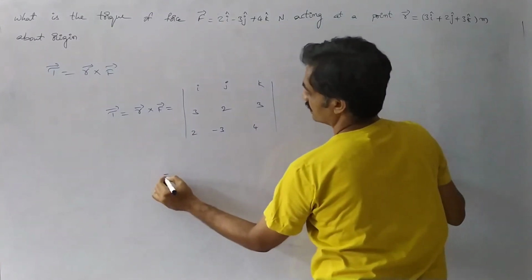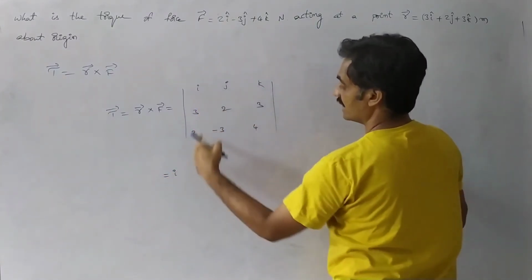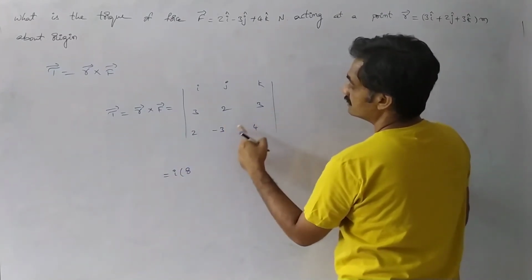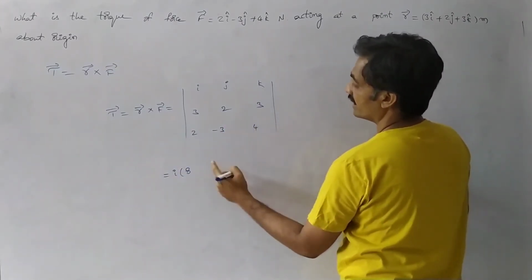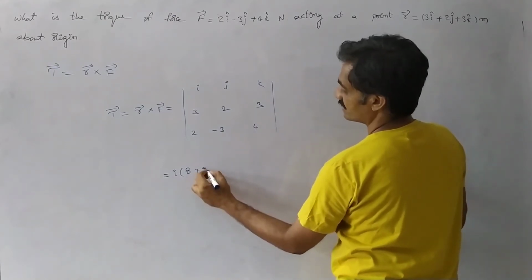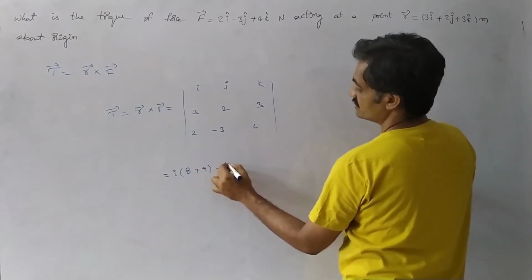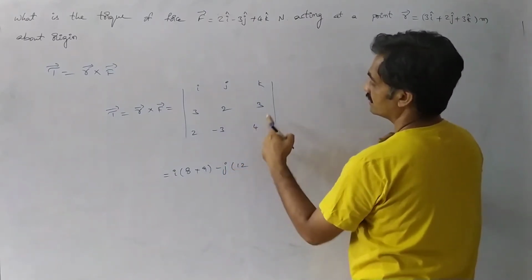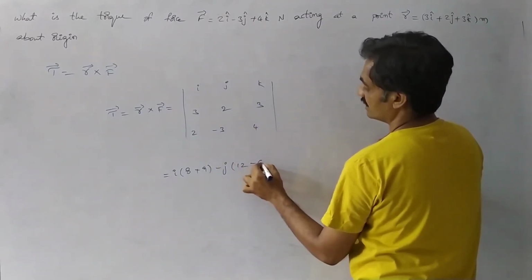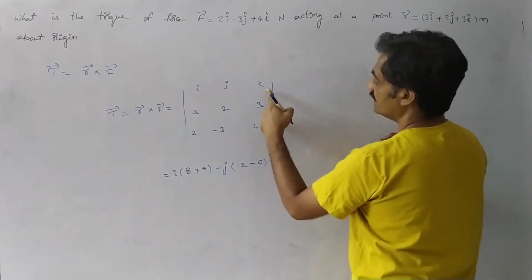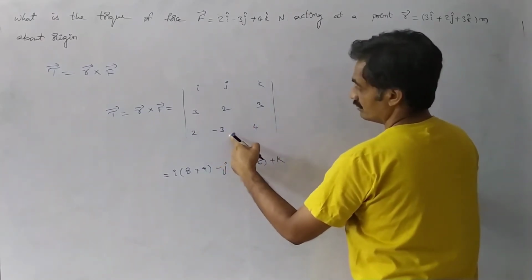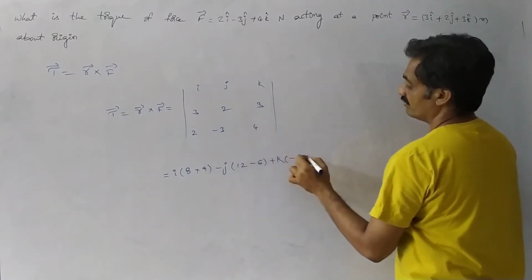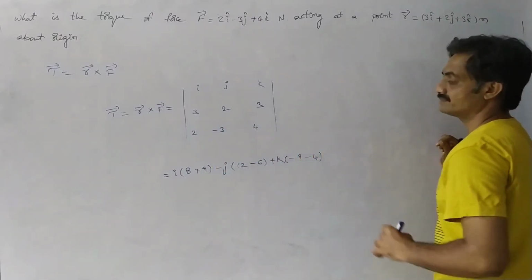So now the vector is given as i into (4 twos are 8, 3 into 3 is 9, minus of minus, plus 9), minus j into (4 threes are 12, 2 threes are 6, minus 6), plus k into (3 into 3, minus 9, 2 into 2, minus 4).